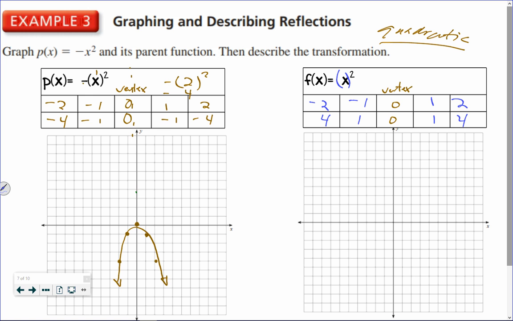So now I can graph it: 0, 0; 1, 1; negative 1, 1; 2 and 4 there. Same thing on the other side. So just by changing the A in front of it from a negative to a positive, all it does is flip it. That's a reflection.